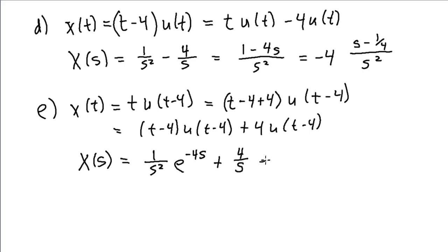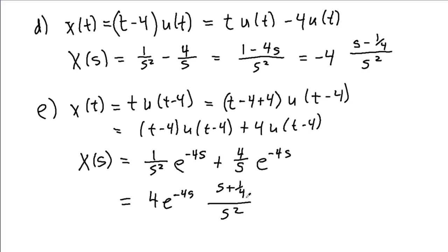Again, this is a time-shifted version, so I'd have to multiply by e to the minus 4s. Again, I could do a little algebra here, combining things over. Factor out an e to the minus 4s, combine terms, and this simplifies to e to the minus 4s times s plus 1/4 over s squared. So I'll let you work through the algebra there.